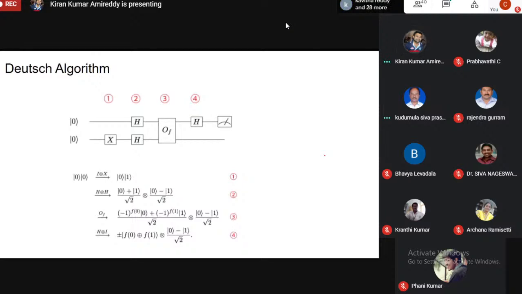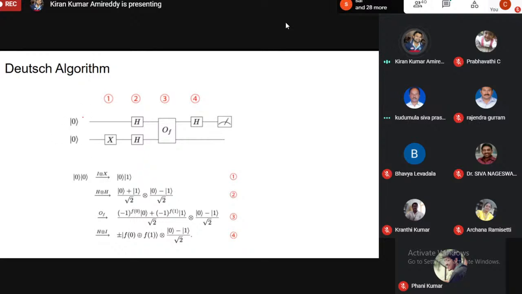We saw some of the quantum gates and how we can write the circuit. So here it is given the qubits 0, 0. When we take these 4 steps, then at the end we can get 0 plus 1.